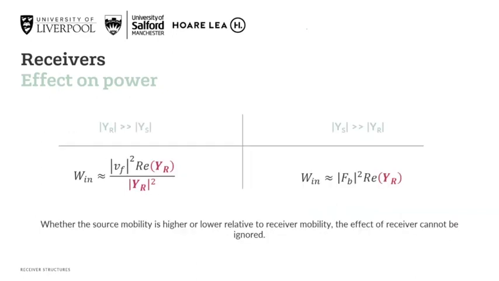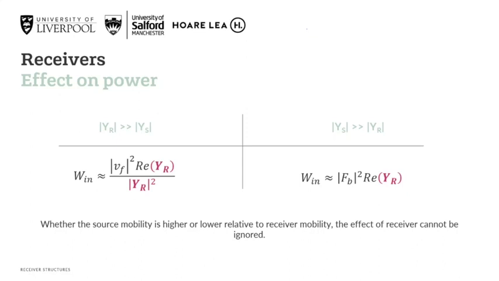More effect on the power. If we also look at some extremes, whether you have a source mobility very much less than the receiver mobility, or a source mobility far greater than your receiver mobility, you get these approximate equations for the injected power.